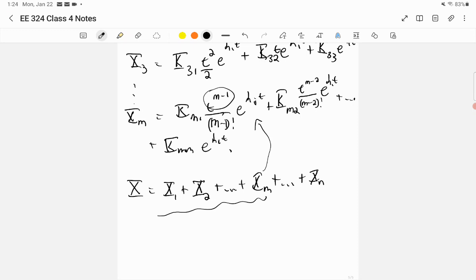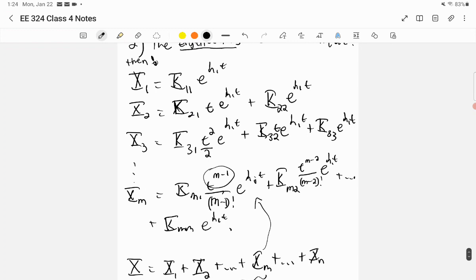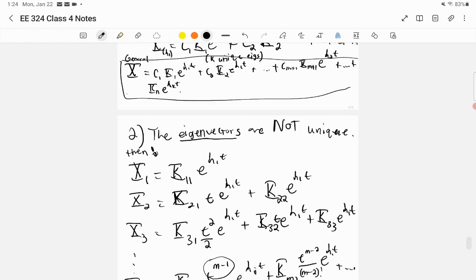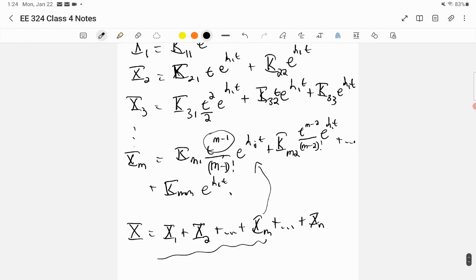Now, this assumes that we have m non-unique eigenvectors. So you could have very strange situations that we'll probably not run across very often, but you could have a situation where you, say, have an eigenvalue that repeats, or has, in the terminology, multiplicity, say 3, but there are 2 unique eigenvectors and one of the other ones is not unique. In other words, it matches with one of those 2.